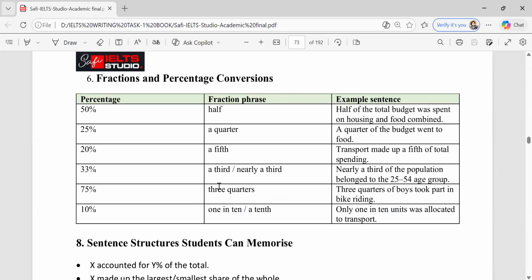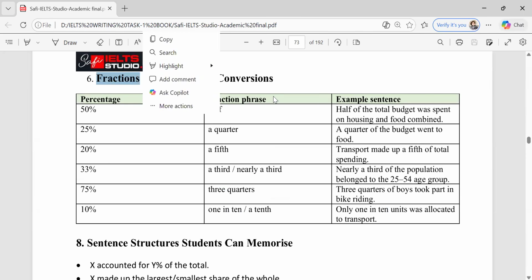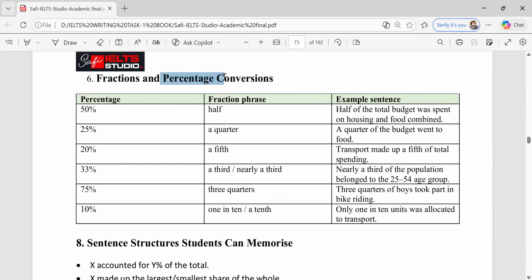Then this is an important slide for you, because number one, pie charts we always represent either in fractions or in percentages. Look, in percentages we can say 50%, but in fraction we can say half. So instead of saying 50%, you can say half of the total.